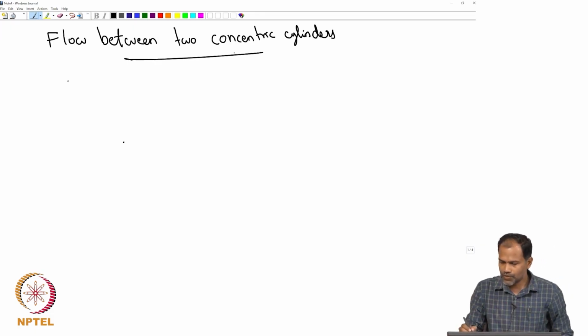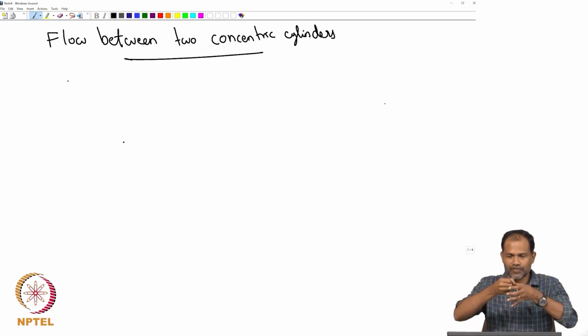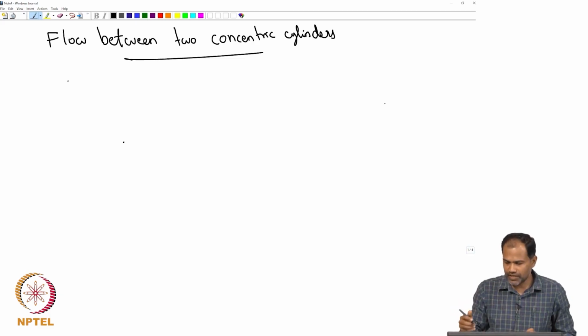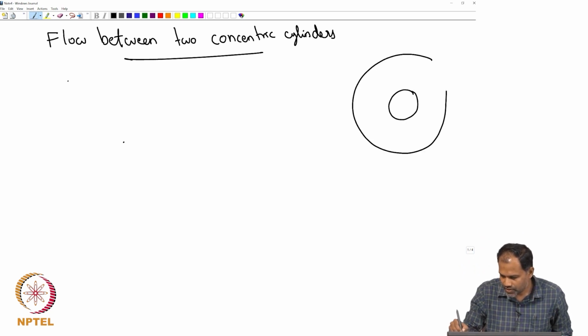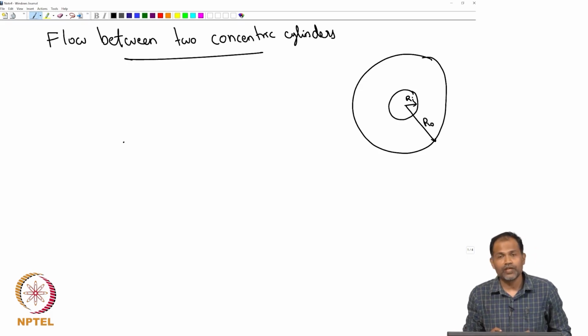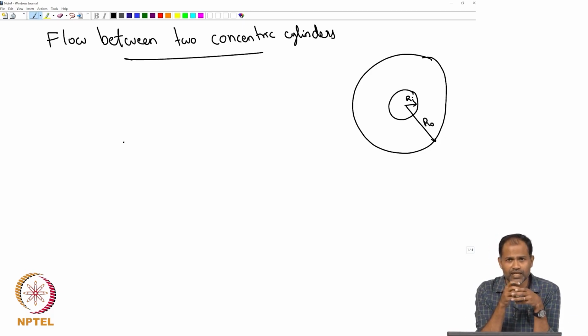Okay. So, you have two cylinders, one inner cylinder and one outside cylinder. I am giving the top view. So, let us say that is your inner cylinder and that is your outer cylinder, and let us say Ri is the radius of the inner cylinder and Ro be the radius of the outer cylinder, and the fluid is between the inner cylinder and the outer cylinder.